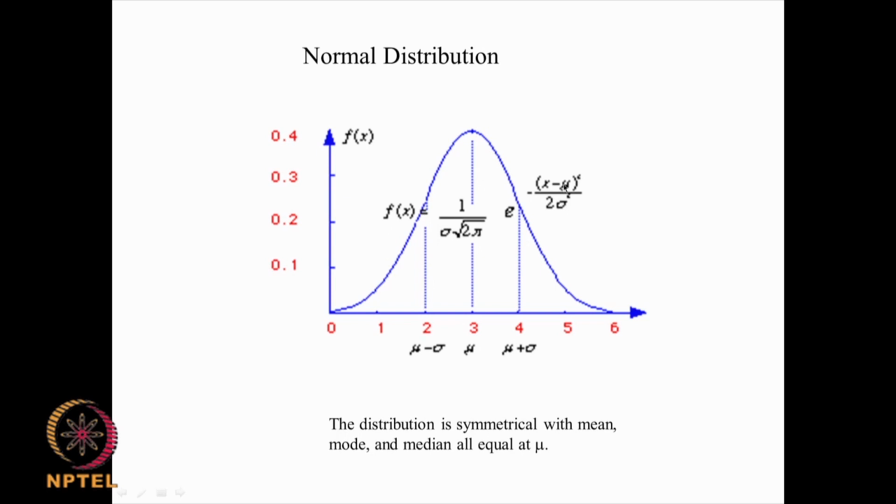So mu is the mean or the average and sigma is the standard deviation. So normal distribution is symmetric. So we know that in a normal distribution the mean, mode and median will all be equal to mu, okay.